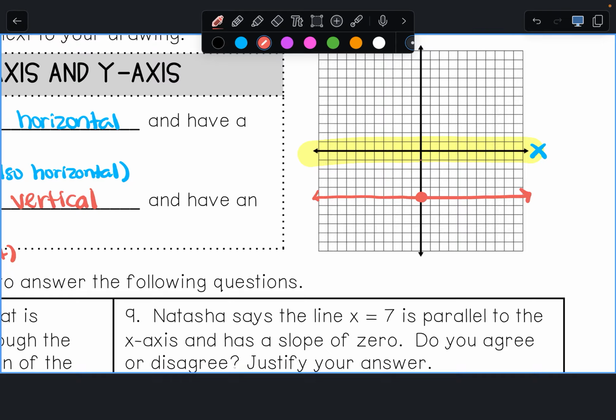I put that one at -5. Even though it's parallel to the x-axis, the equation's going to be a little bit different. This is a horizontal line, so we use HOY.